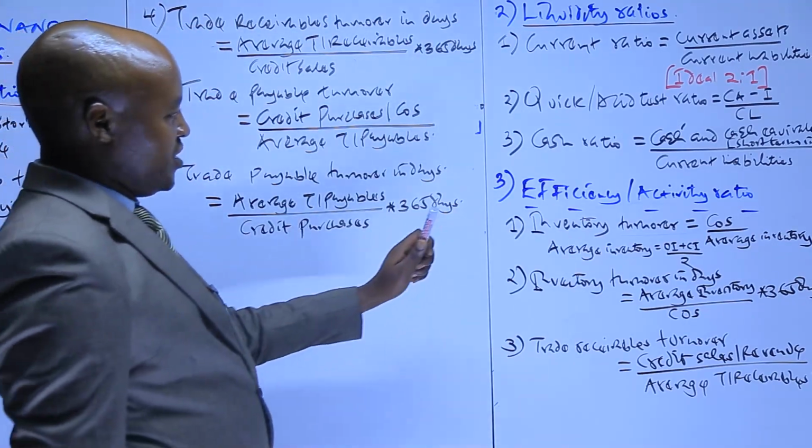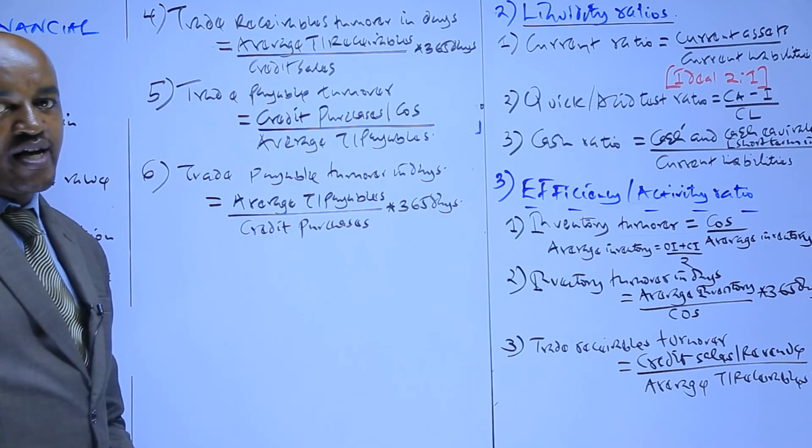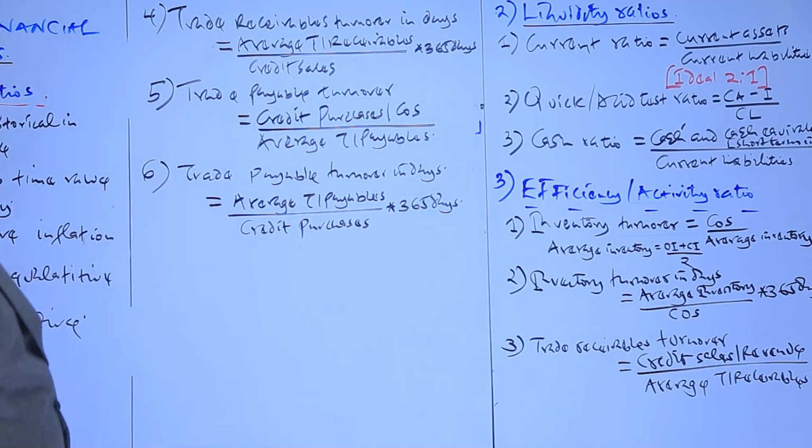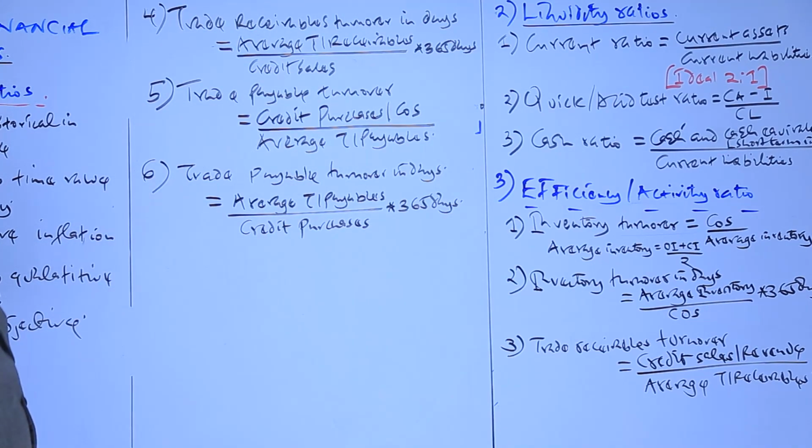So therefore we have some of the efficiency or activity ratios. We have mentioned the inventory turnover in days, the trade receivables turnover, the trade receivables turnover in days, the trade payables turnover, and the trade payables turnover in days.